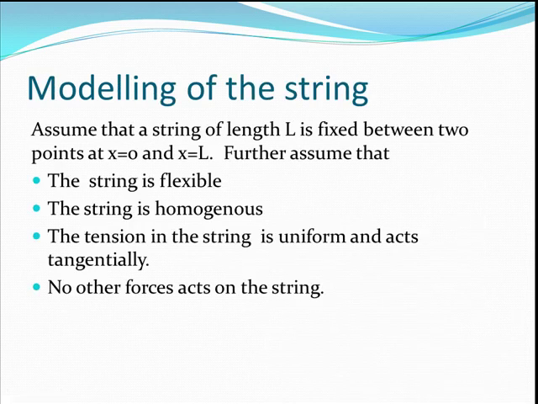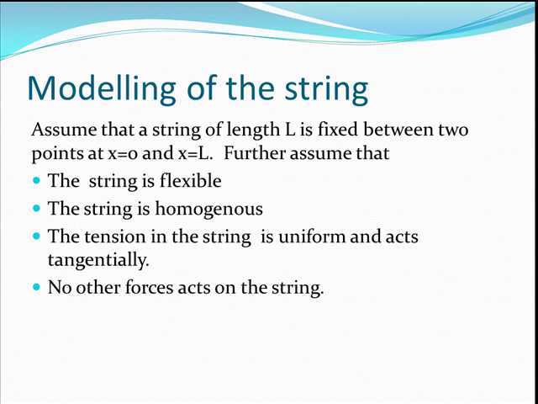Now let's move toward our main problem. Assume that a string of length L is fixed between 2 points at x is equal to 0 and at x is equal to L. Further, assume that the string is flexible. The string is flexible means that if you displace the string or if you stretch the string, then the string restores its shape.